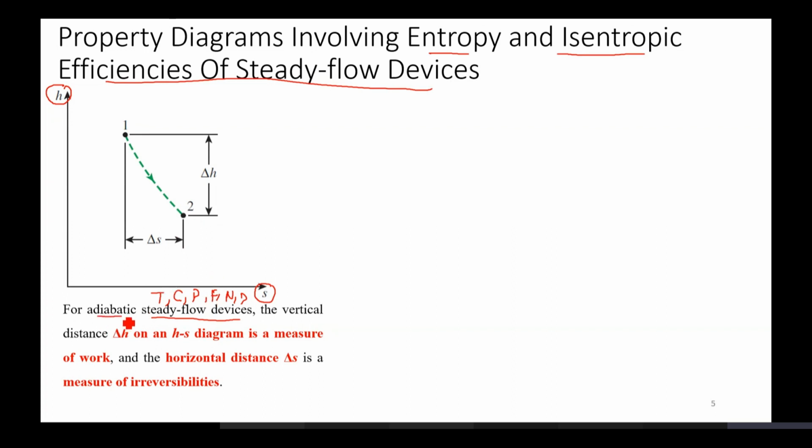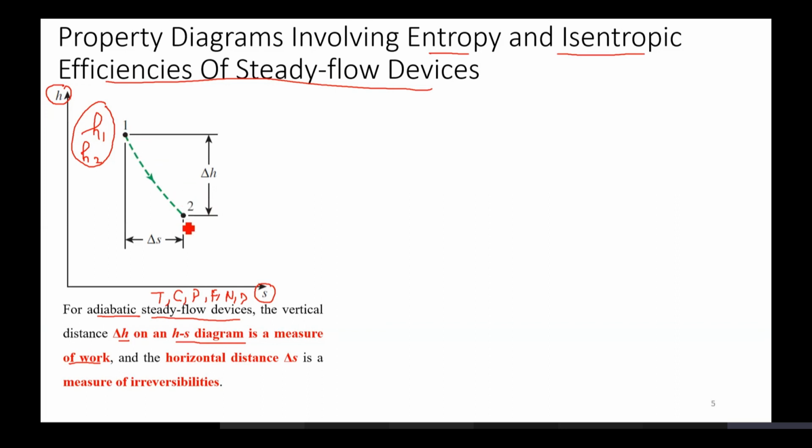If you have a steady flow device having an adiabatic process, then on an enthalpy entropy diagram, the vertical distance delta H is a measure of work. So the difference between H1 and H2 would give you the work that is either being provided by your device, or it is consumed by your device, depending upon which way you are going.